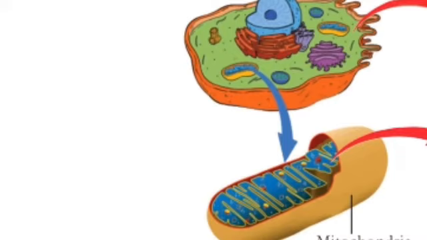In glycolysis we get 2 ATP and 28 ATP molecules from the Krebs cycle. In total, 30 ATP molecules are produced. Glycolysis and the Krebs cycle together are called cellular respiration, where energy is produced.